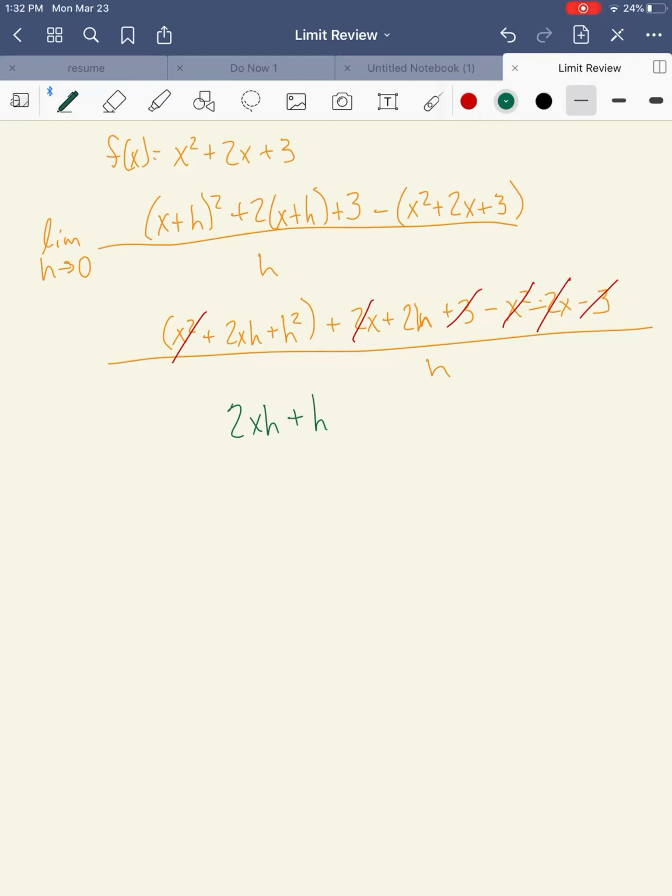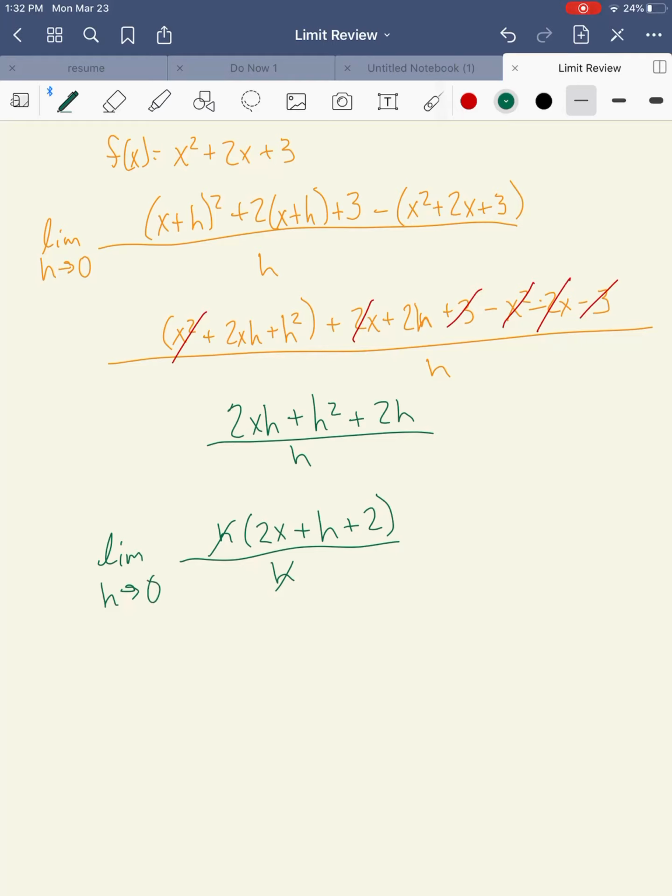Rewrite it. Pull out the h. Cancel the h out. Evaluate the limit as h is equal to 0. That leaves you with 2x plus 2. And that's the equation for your gradient line.